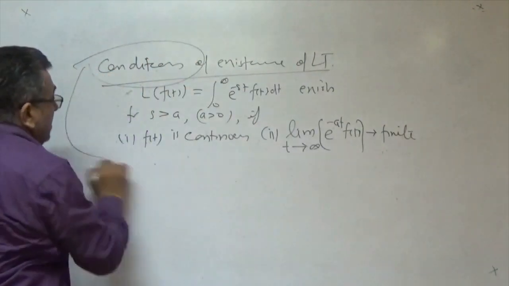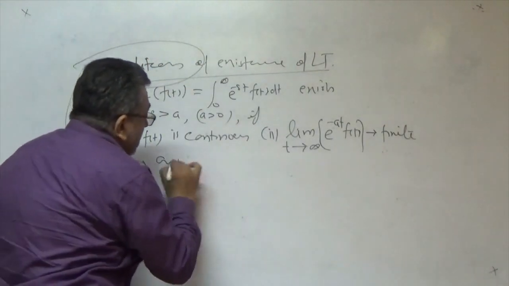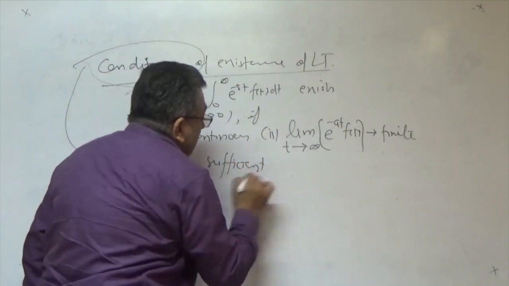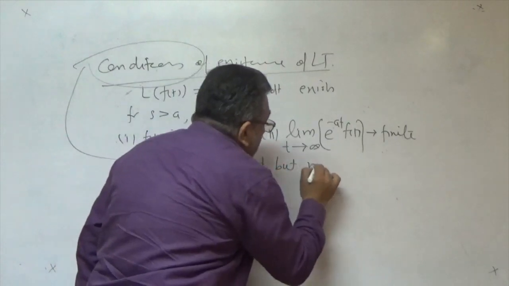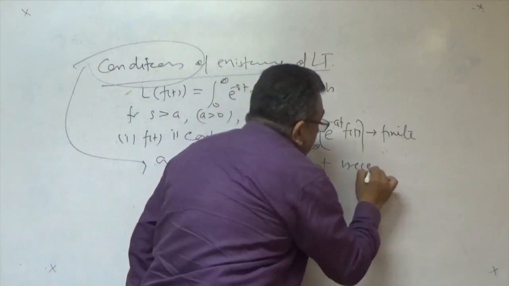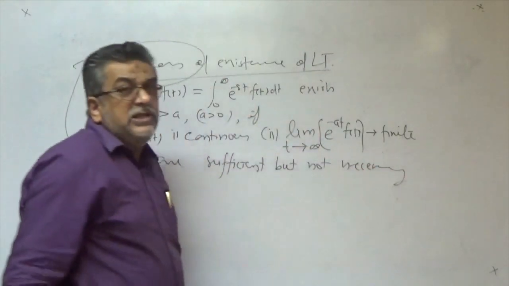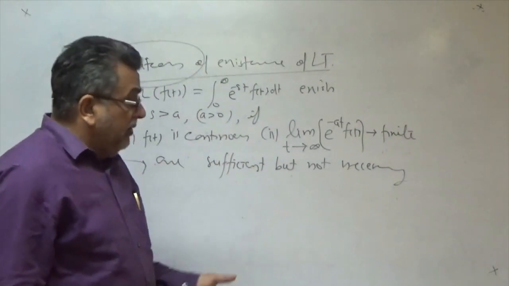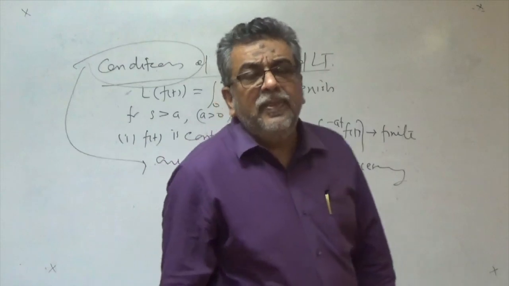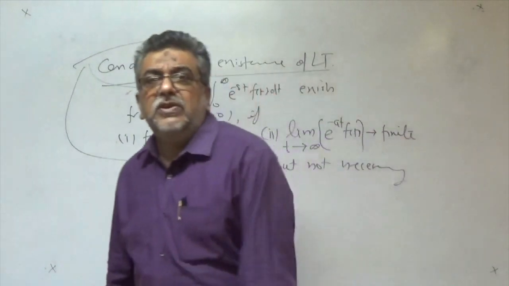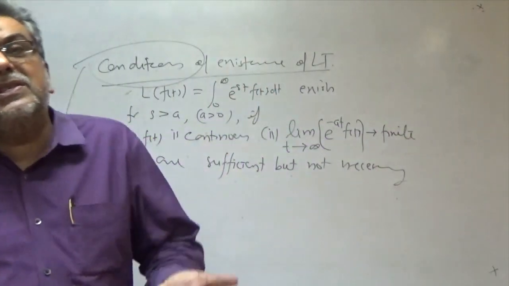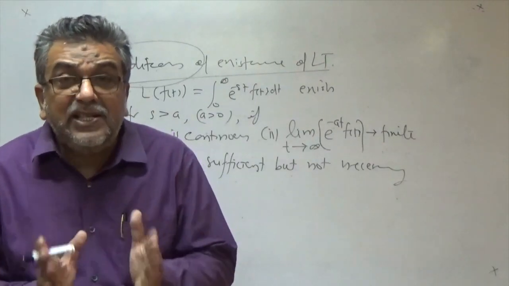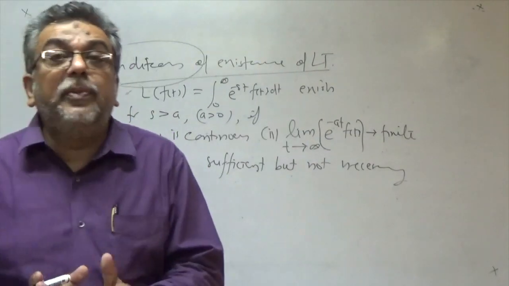It means that even if a condition does not hold here, because somewhere the function is not continuous, the Laplace transform may still exist. So we can say these conditions are sufficient but not necessary.